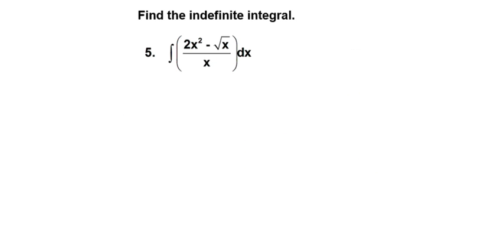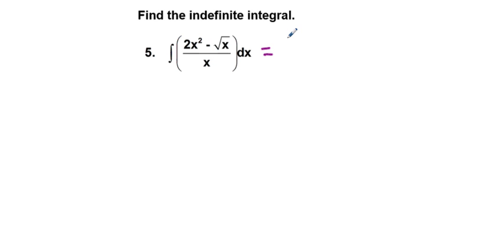Okay, problem number 5. We have the integral of quantity 2x squared minus square root of x over x dx. And what we're going to do is divide this fraction up.